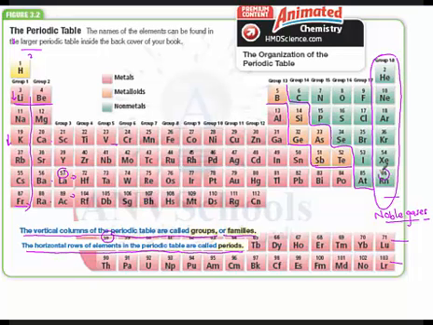Some elements are metals, as we have seen. All these are metals, these are metalloids, and some are non-metals, so they have different characteristics. Some of the properties of metals may be familiar to you.